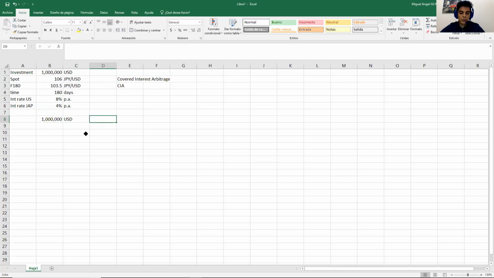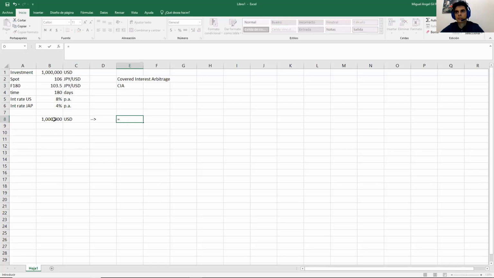So the first thing that we should calculate is, if we stay in the US, how much money will we get in the future, in 6 months? So how do we calculate that? It's very simple. You need to calculate the future value of the $1 million. How do you calculate future value?